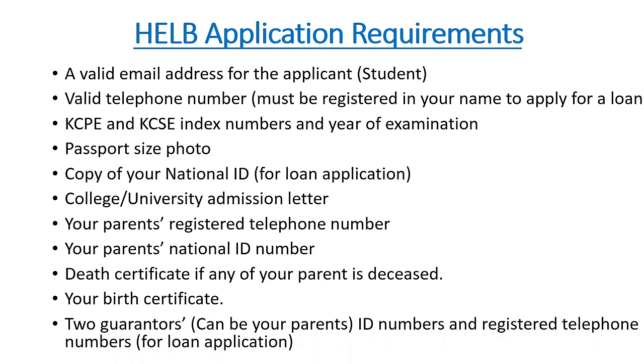Then you need to have two guarantors. Both can be your parents, and if it is possible, you can use both your parents or your guardian. So those particular ID numbers should be registered, and of course telephone numbers should also be registered for ease of this particular Helb loan application.